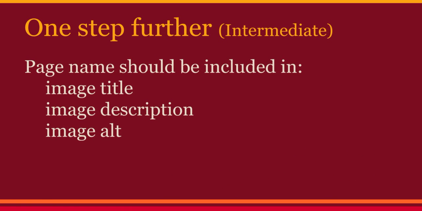In the intermediate step, the page name should also be included in an image title and in the image name. So if you're adding a water tank, then maybe an image that's called hotwatertank.jpg, and in that image title it has something about the hot water tank, adding it in the image description and the alt tag.